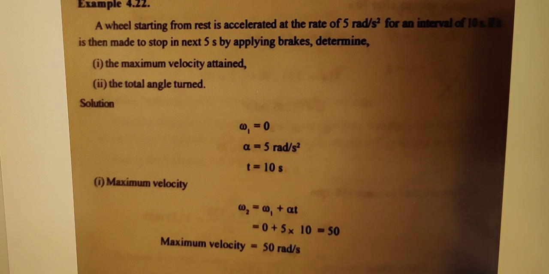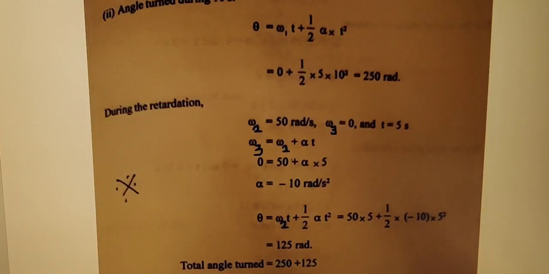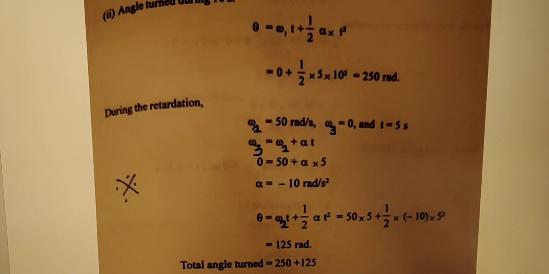Omega 2 is equal to 50 radian per second. Next you have to calculate the angle turned in 10 seconds. Theta is equal to omega 1 t plus half alpha t square. That's the equation you are going to use. Initial velocity is 0, alpha is 5, t is 10. So the angle turned is 250 radians.